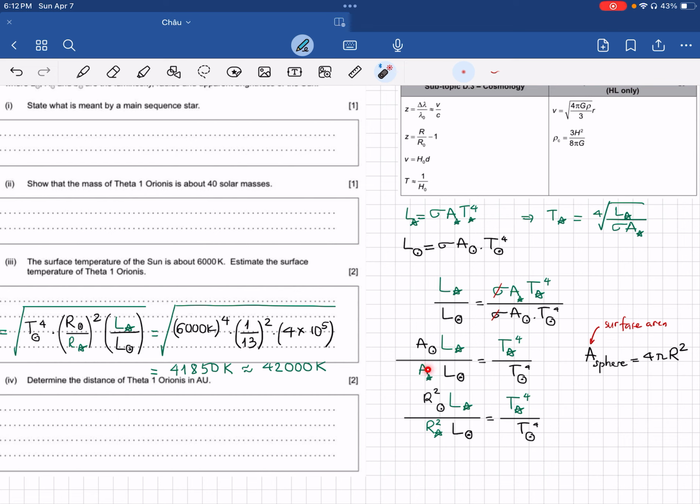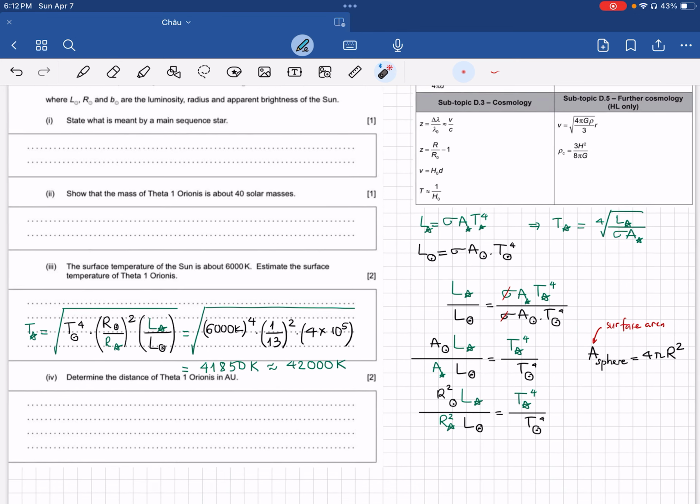Again, we don't have the area of the surface, but we know it's related to the radius. So here this is the radius of the sun, and this is the radius of the star, and we have to square them. From this, we got this equation. We know the ratio between these two, we know the ratio between these two, and we know the temperature of the sun, so we can solve for this one.